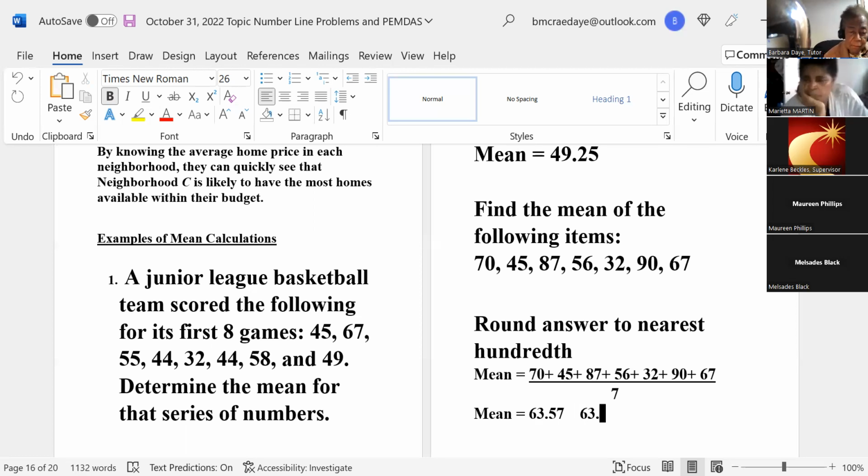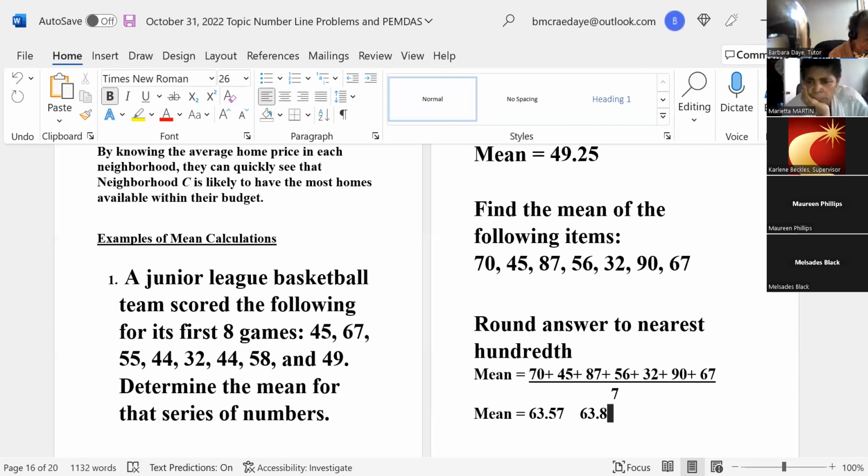8 comes after the decimal point. That's just tenths. What comes after the 8? 5. Nearest hundredth. The 8 is 1 because it's more than 5.